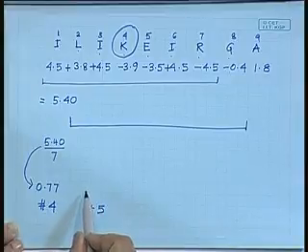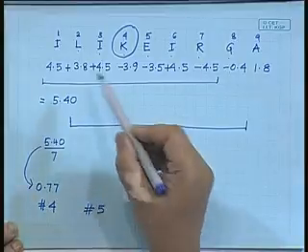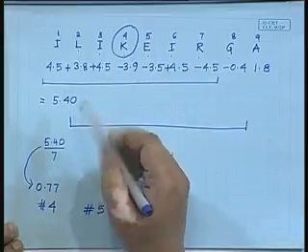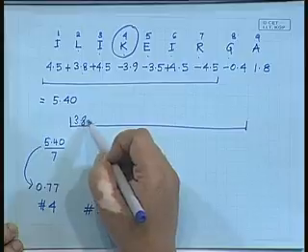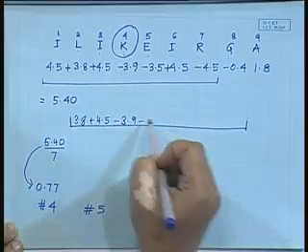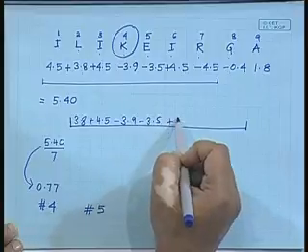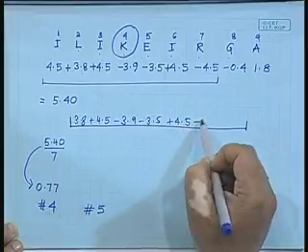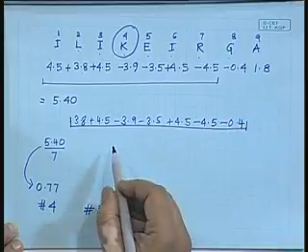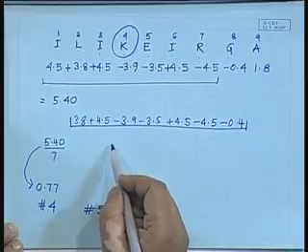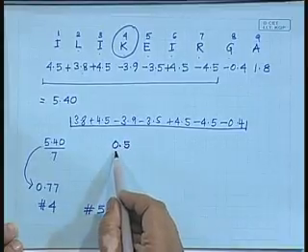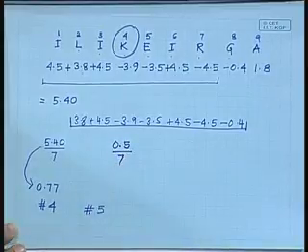If I add all these values together from 2, that is 3.8 plus 4.5 minus 3.9 minus 3.5 plus 4.5 minus 4.5 minus 0.4, I am going to get 0. Then I have to divide by 7.